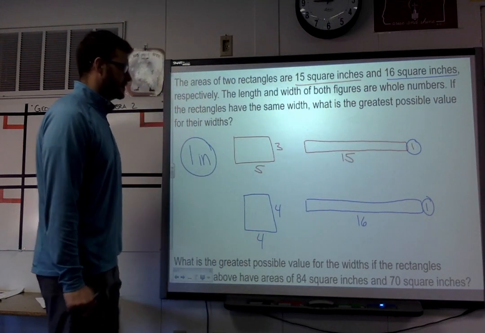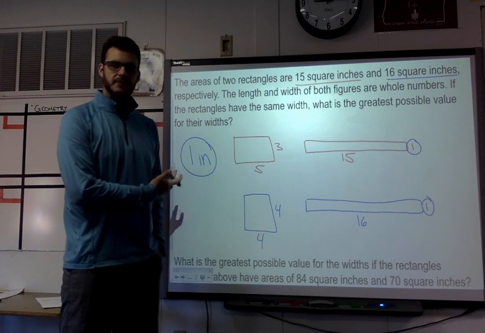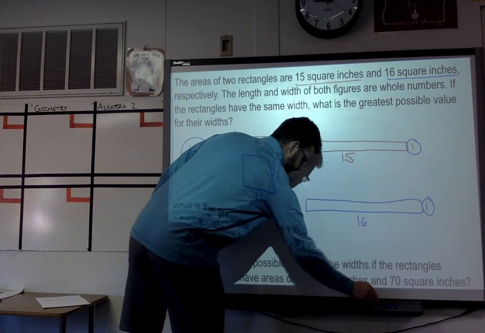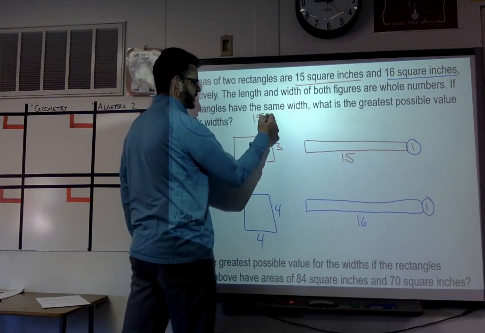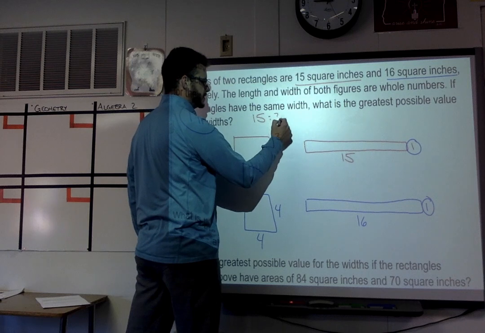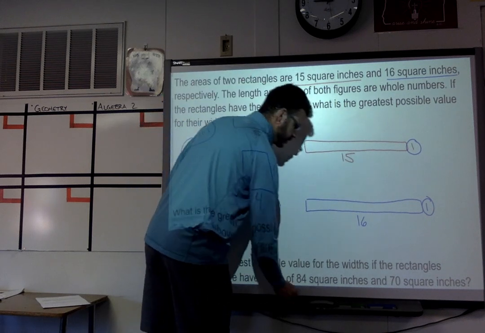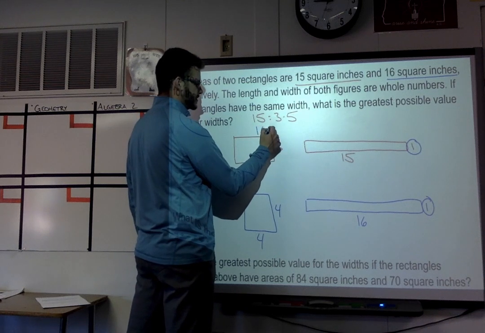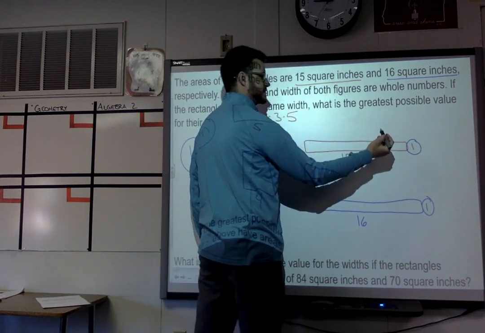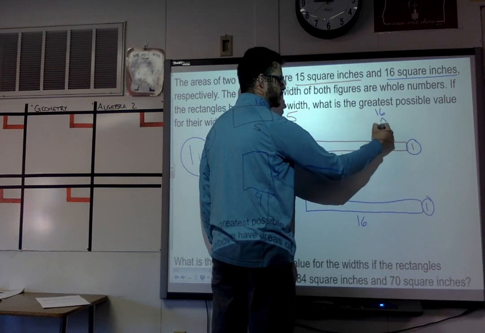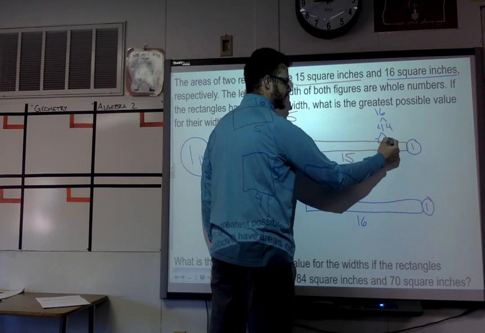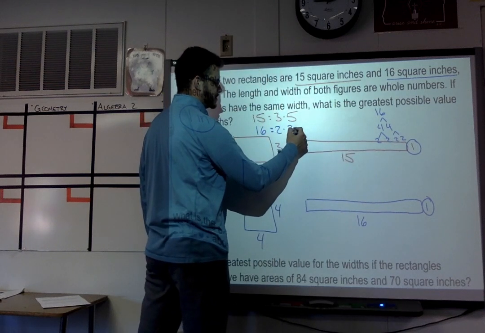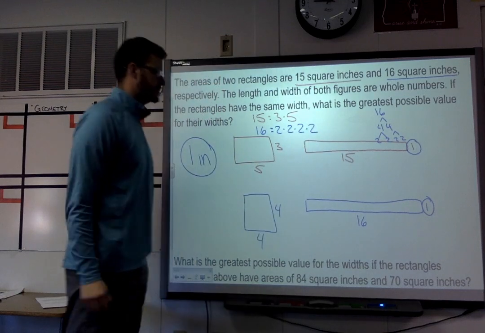The other way that we could have done this problem is doing the prime factorization like we did on the last couple slides. So we could take 15, and we know that breaks down to 3 times 5. Then we could take 16, which breaks down to 4 times 4, we know, but those 4s can still be broken down, and 16 becomes 2 times 2 times 2 times 2.